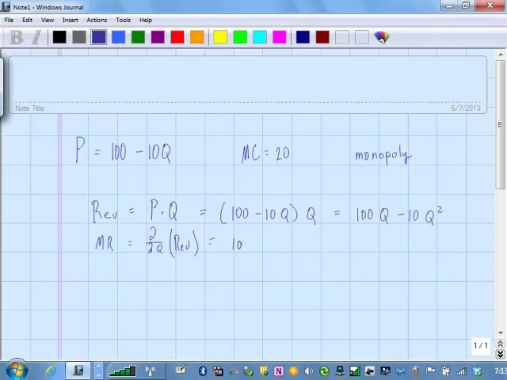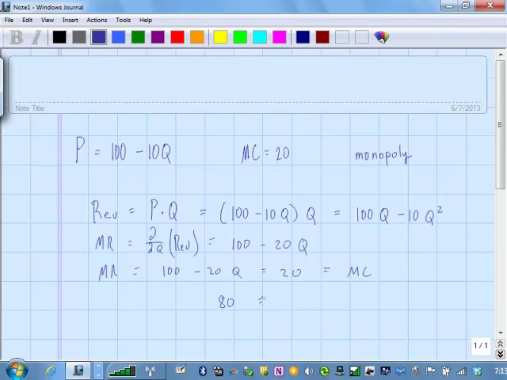So that's going to be 100 minus 20Q. You set marginal revenue, which is the 100 minus 20Q, equal to marginal cost of 20. And we're going to solve for Q.